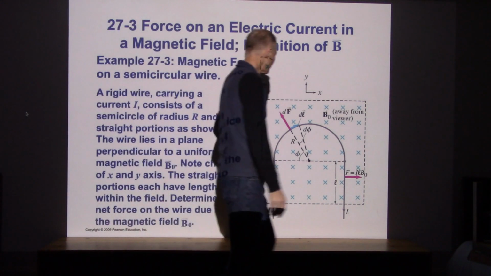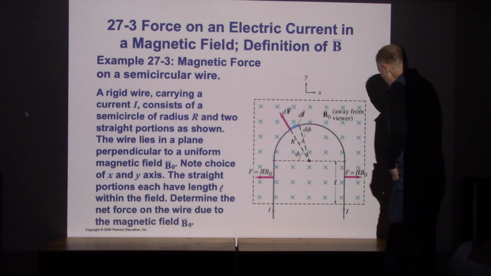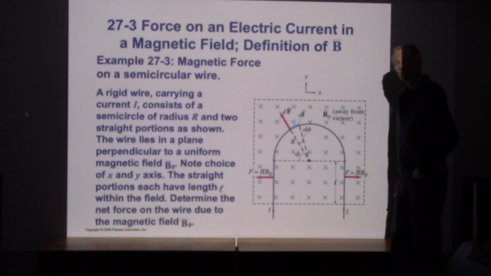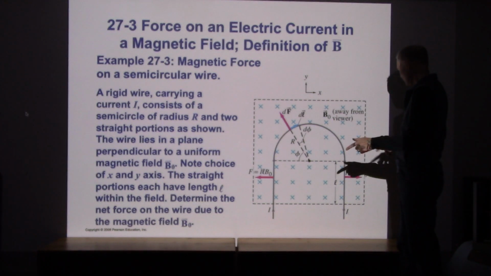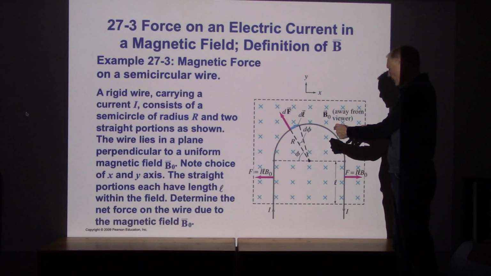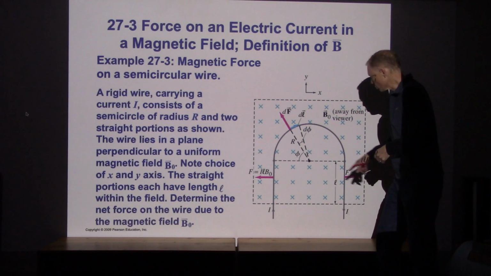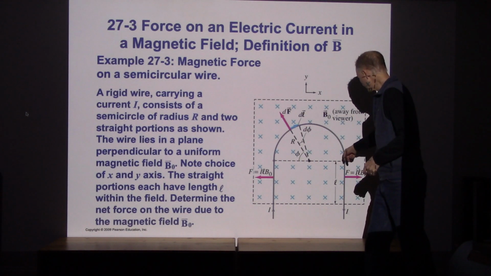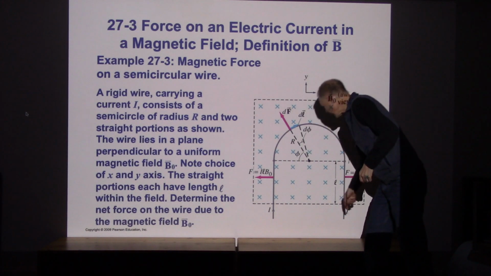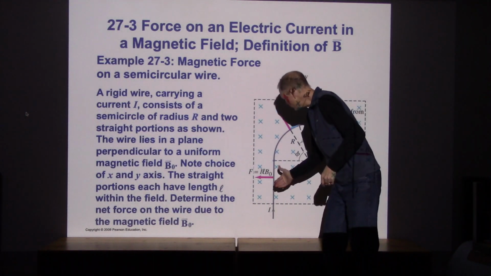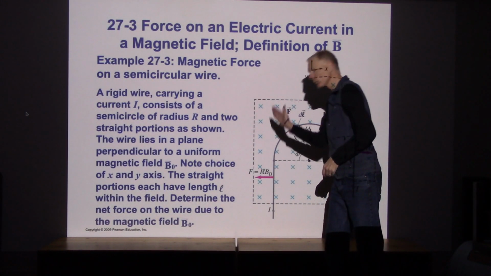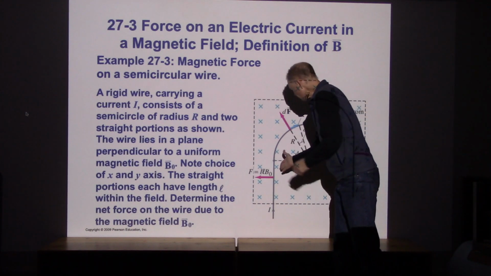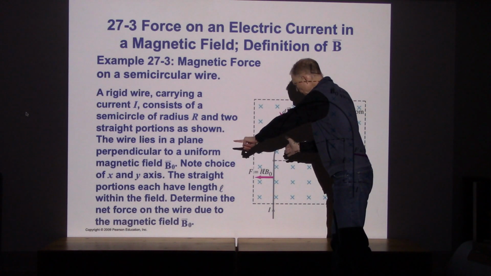What we're going to find with this example is that I've got forces, using a right-hand rule. Let's see, the magnetic field is into the page. Current is running up through the circle this way, through the half circle, and then back down. So if I do current, magnetic field, right-hand rule, the force is going to be off to the left.